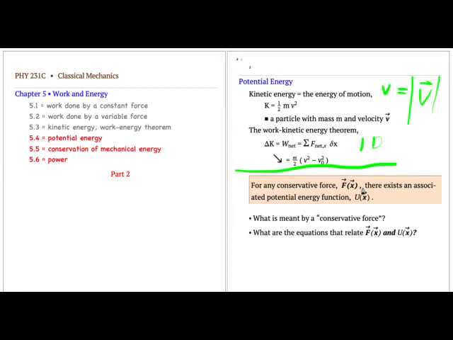Those are the forces that are called conservative forces. So, before we can use this, we have to find out what is meant by a conservative force. And then, once we've answered that, what are the equations that relate the force F, which will in general be a function of the position of the particle that the force is acting on, and the potential energy function, which will also be a function of the position of the particle.